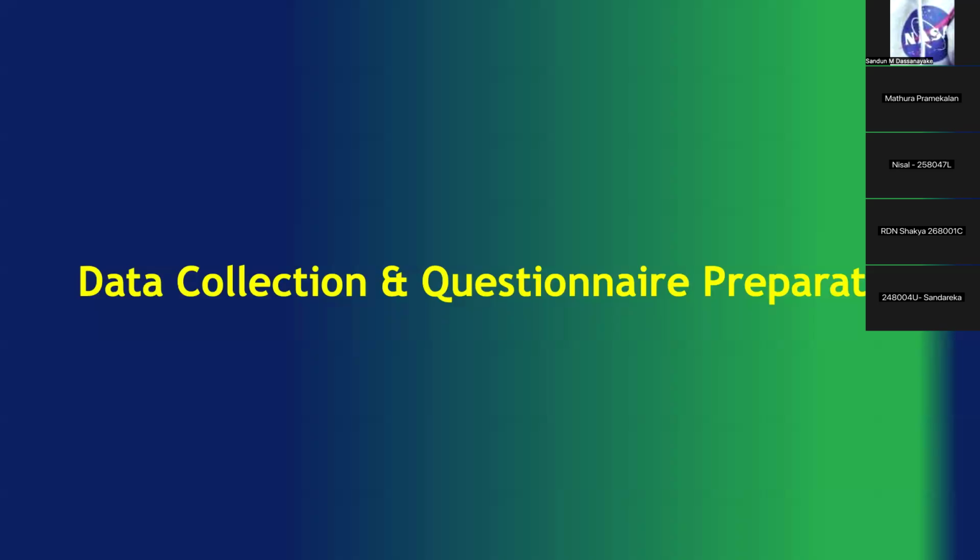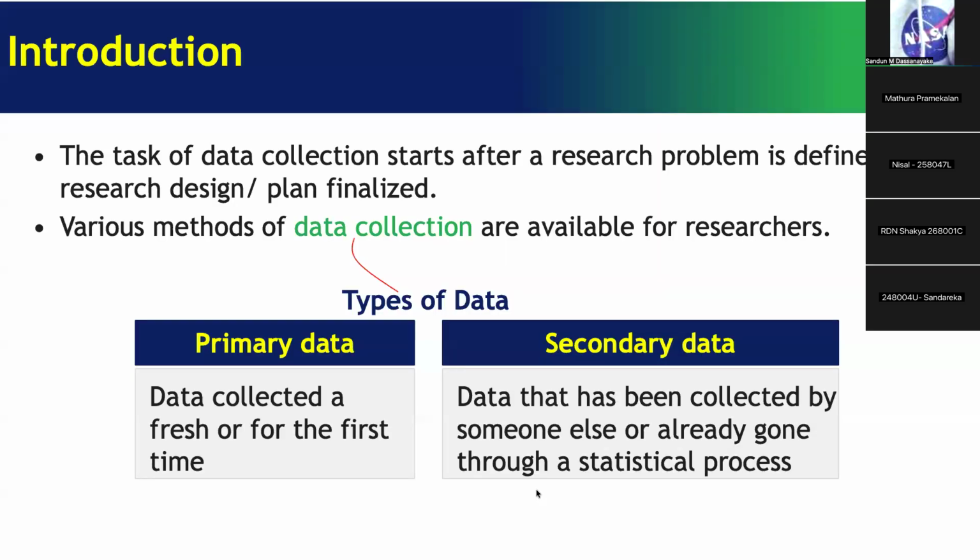Okay, great. So you have some idea, as the person giving data, the person who is being interviewed or questioned, of how you feel. That feeling is important when we go into this. So the task of data collection starts after a research problem, and you have to define it, and design and plan your methodology.